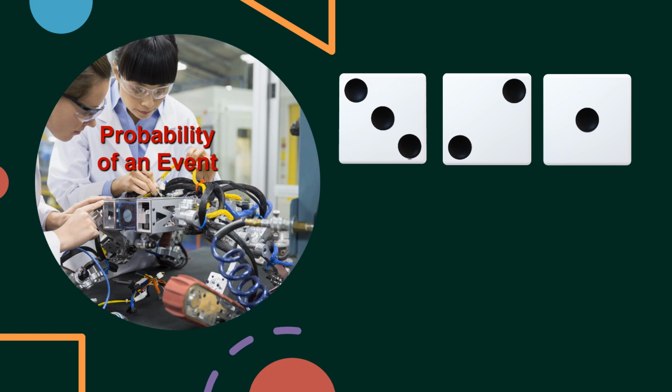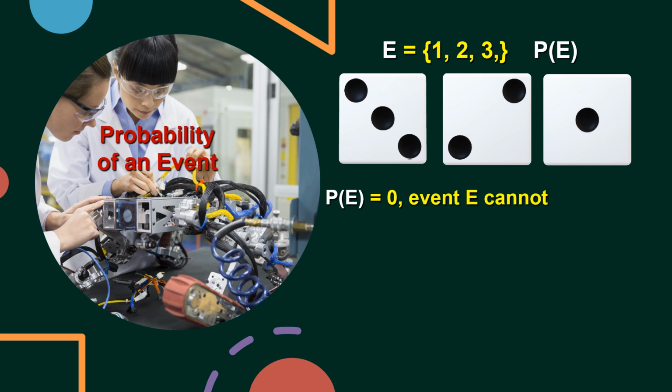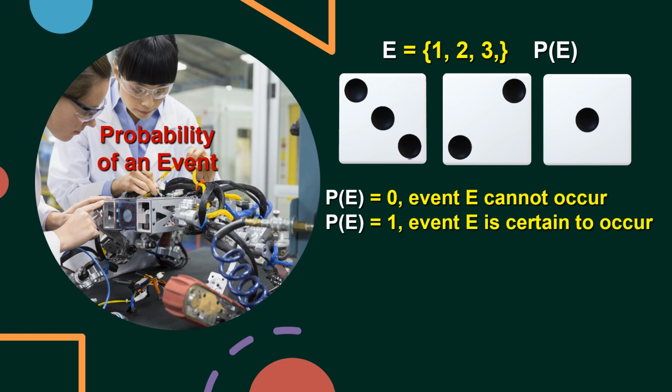The probability of an event E is written as P(E) and pronounced as P of E. If P(E) is 0, this means that the event E cannot occur. While if P(E) is equal to 1, the event E is certain to occur.